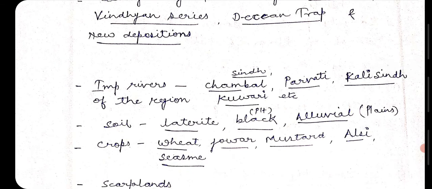Soil type: in plateau region it is black, in plains it is alluvial, and in some regions laterite. Crops in this region: wheat, jowar, mustard, alsi, sesame.